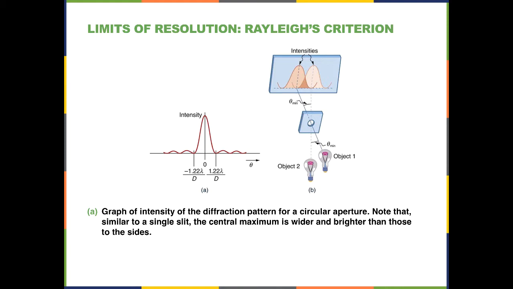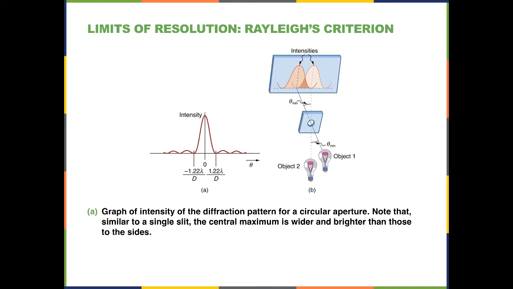So what you have with A is the circle as opposed to a slit. And instead of D sine theta equals lambda, it's going to be 1.22 times lambda over D, because it's a circular hole as opposed to a slit.